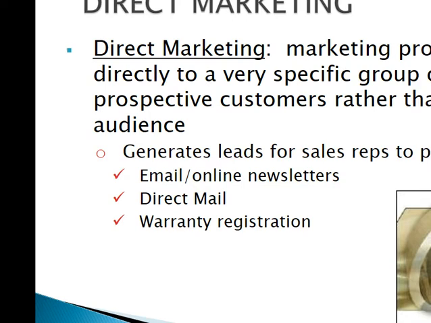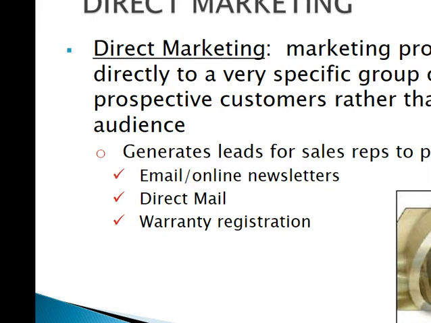So you are generating leads that then salespeople can pursue using direct mail, which would be things that come in the mail. If you get a Dick's Sporting Goods catalog or a little flyer, that's direct mail. You might get a warranty registration that ties to a product that you've purchased. You know, really, you get the warranty anyway.